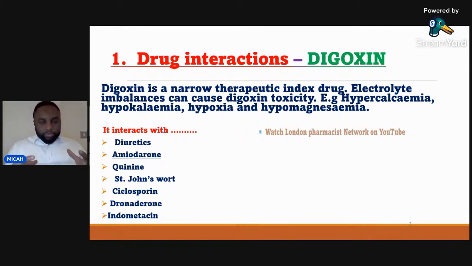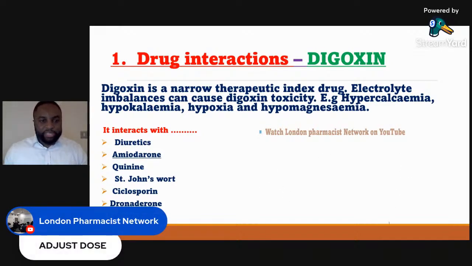So when amiodarone and digoxin are being taken together, we can adjust the dose of digoxin, and we do that by reducing. We reduce the dose of digoxin by 50%. That is important information we need to remember.